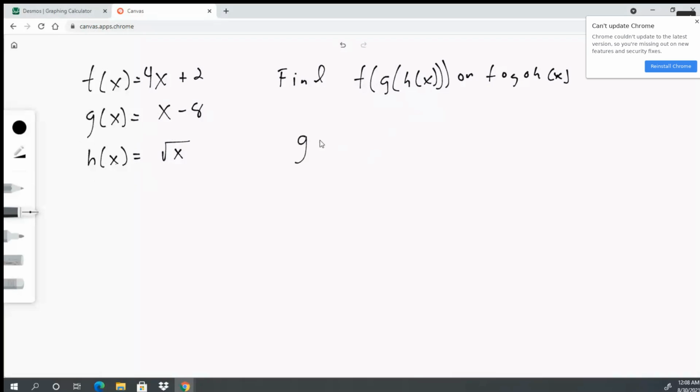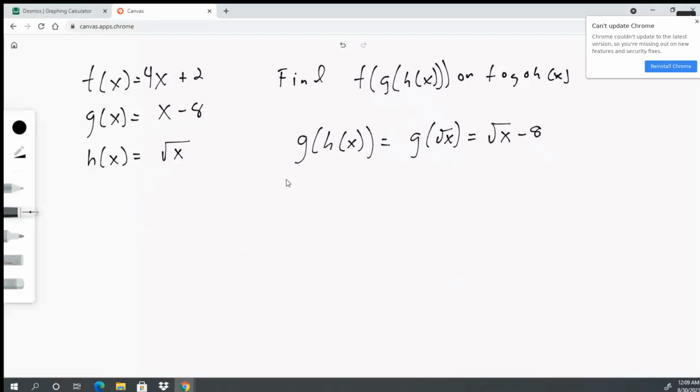So to get g of h of x, right, we're plugging in h of x, which is g of the square root of x, right? And when g of x is x minus 8, we're just plugging in square root of x whenever we see x. So this is equal to the square root of x minus 8, right?